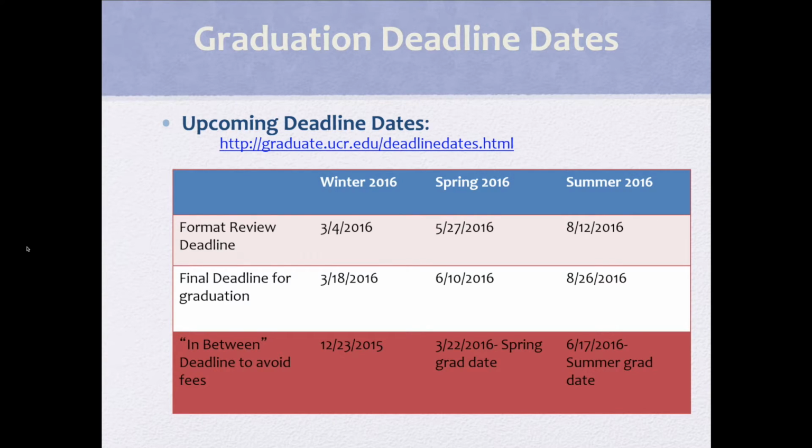Lastly is to make any format changes that the graduate division has requested, in addition to any changes that your committee has requested, and upload the final version of your dissertation in ProQuest by 5 p.m. on the deadline day. So we have a list of some upcoming deadlines here. You can find a list of future deadlines on our website. The link for that is right there.